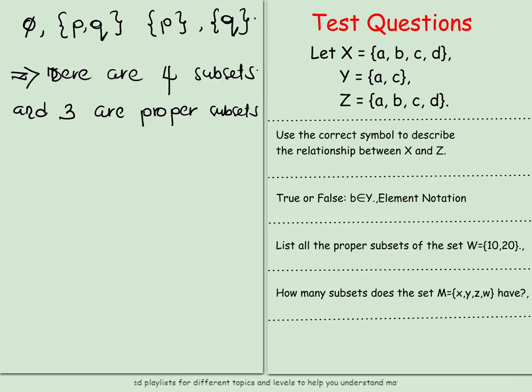Then you have to state true or false whether b is an element of y. Then you list all the proper subsets of this set over here. And then finally, how many subsets does this set have? Remember the formula 2 raised to the power n.